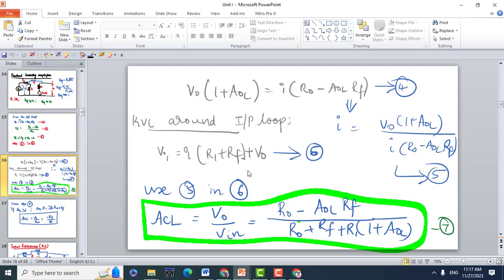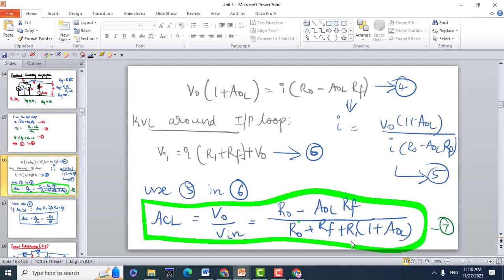From here, calculate I from equation number 5 and substitute it in equation number 6. You get the closed loop gain V0 by Vi for a practical operational amplifier: R0 minus AOL into RF divided by R0 plus RF plus R1 into 1 plus AOL.